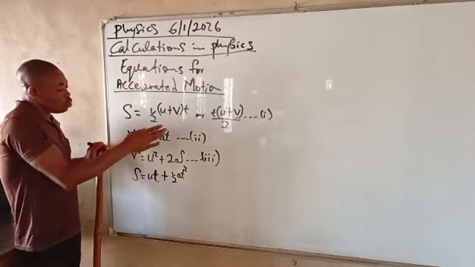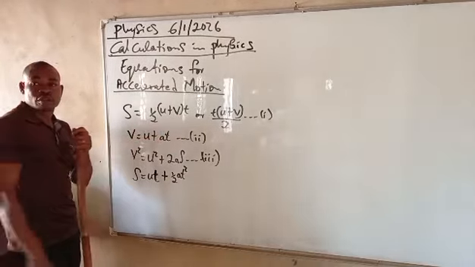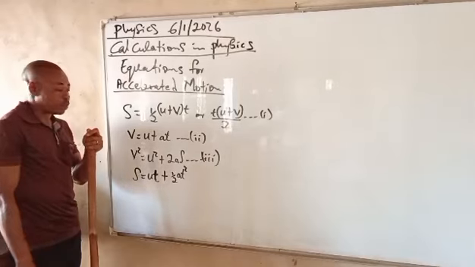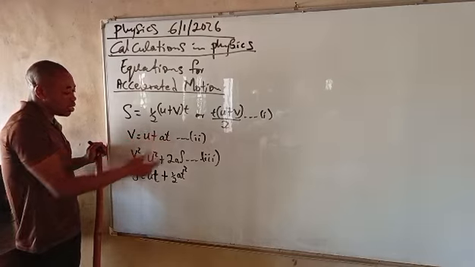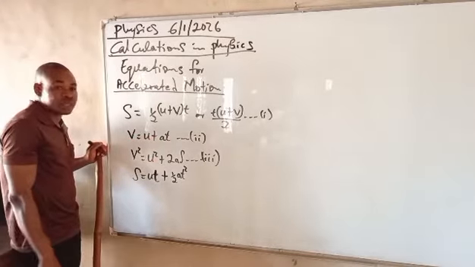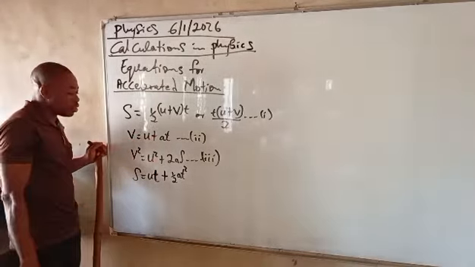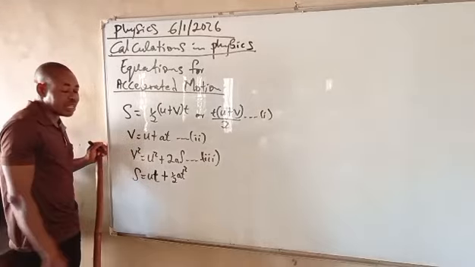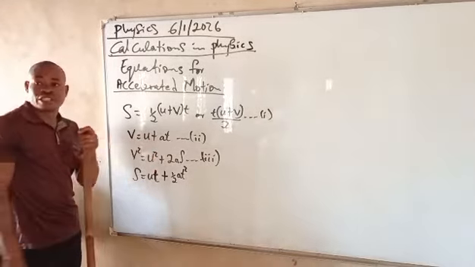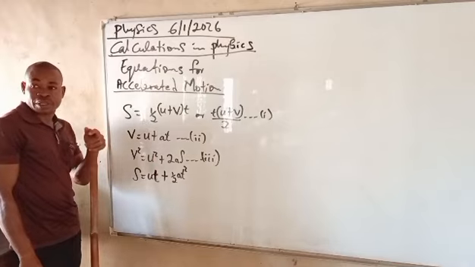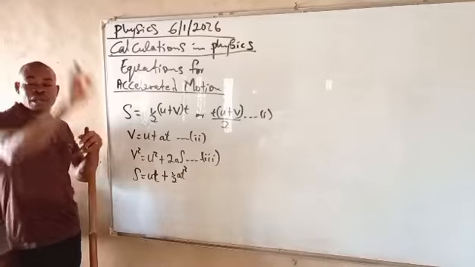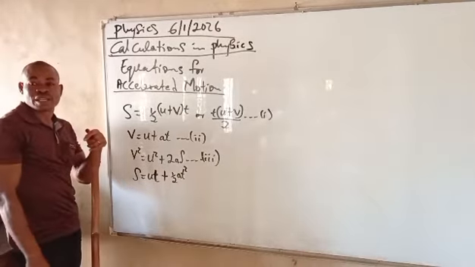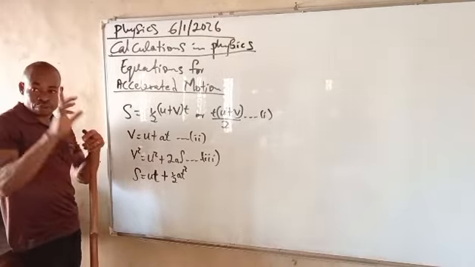Now here, this is the second equation of accelerated motion, V equals U plus AT. We know that V is final velocity, U is initial velocity, then A is acceleration. Are you getting me? That is linear acceleration, because we have acceleration due to gravity. We're coming to that.